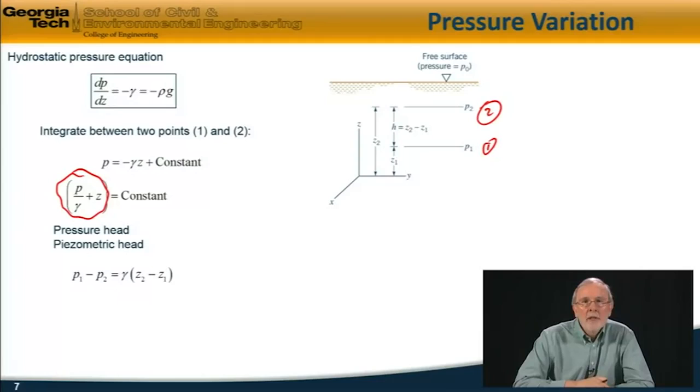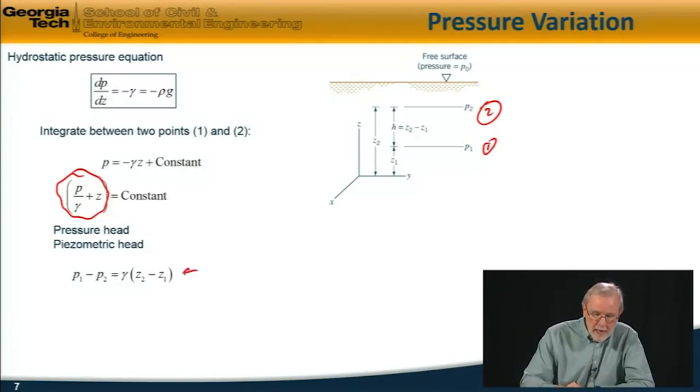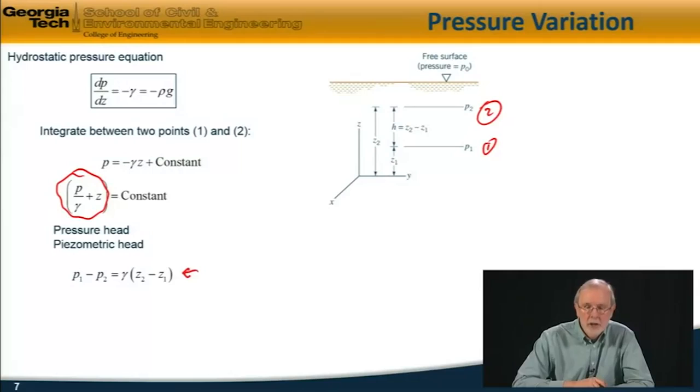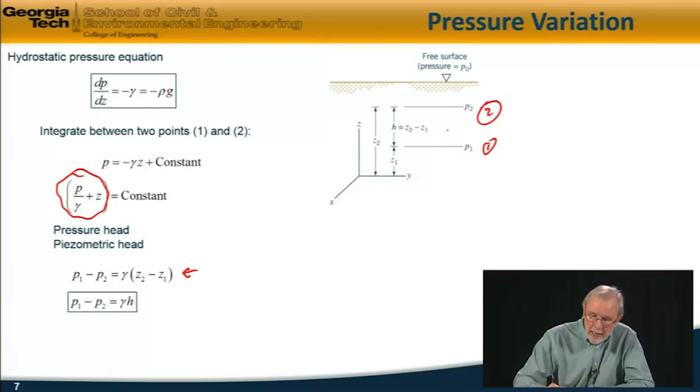If I apply this between these two points, 1 and 2 here, I get P1 minus P2 is equal to gamma (Z2 minus Z1), or rearranging, the pressure difference between those two elevations, P1 minus P2, is equal to gamma H, where H is the vertical height difference between those two points.